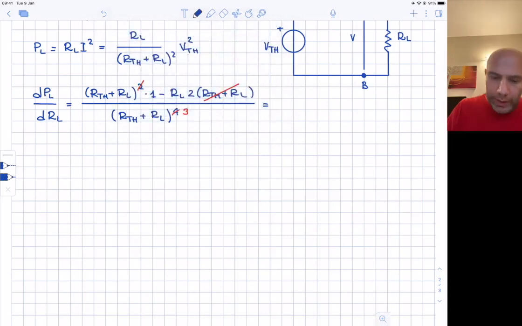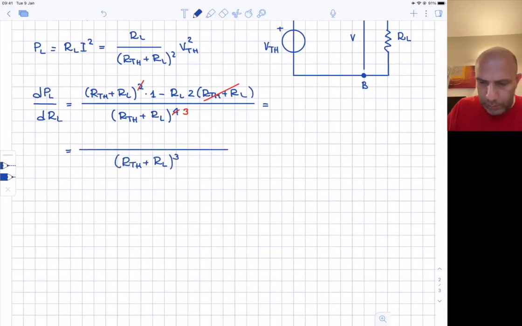So we can say that the derivative has (RTH plus RL) cubed at the denominator, while the numerator is RTH plus RL minus 2 times RL, everything multiplied by VTH squared.